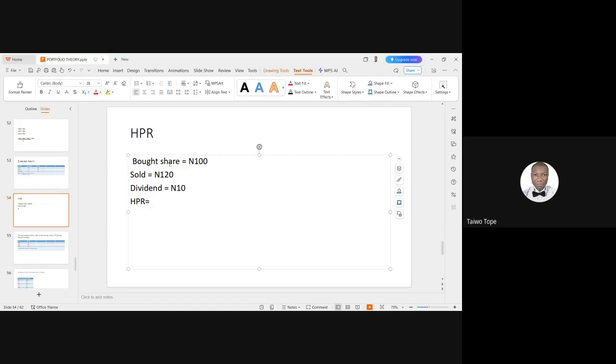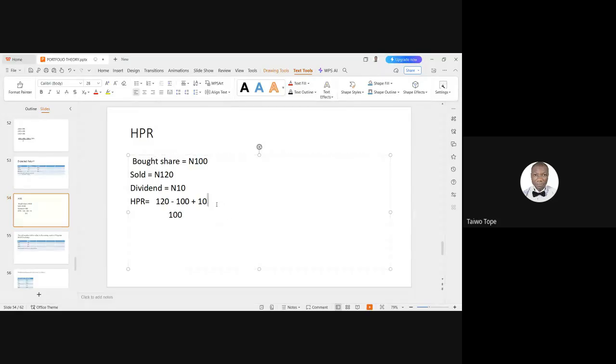Your final price is 120, because that is the last price, 120 minus your initial price, 100. Do you have any income? Yes, that is 10. Divide by the old value of 100.